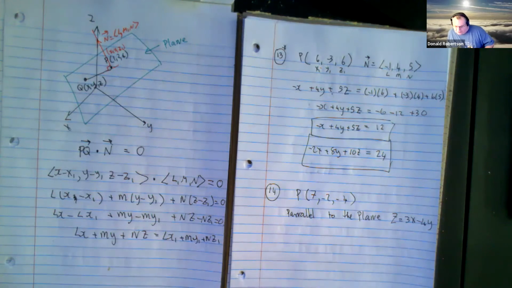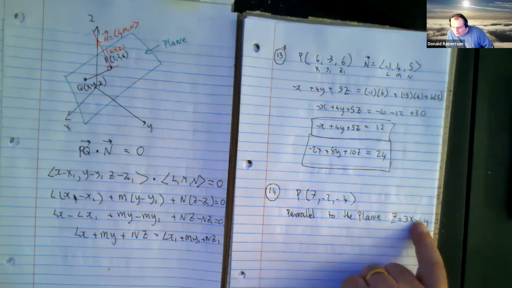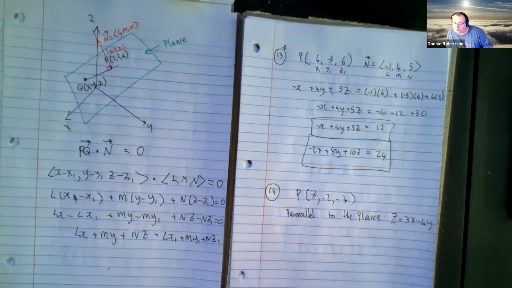Now they're doing two things here to make your life hard. First thing is they haven't told you the normal. Second thing is they haven't at least given you the equation of the plane that's going to help you get the normal. What do I mean by that?